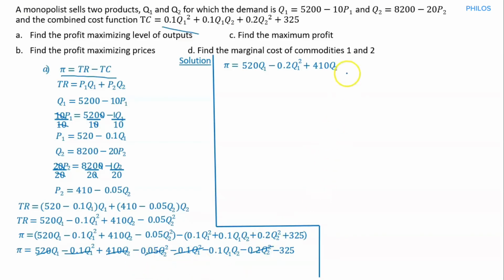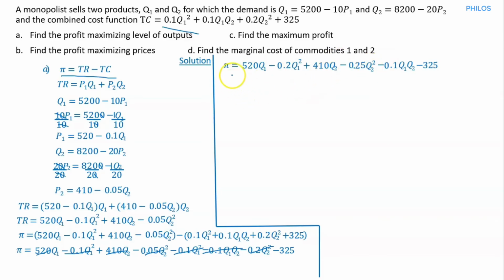So that should give us what? Minus 0.25 Q2 square. Okay, so left with this. So we have minus 0.1 Q1 Q2. Okay, then minus 325. So this is the profit function.